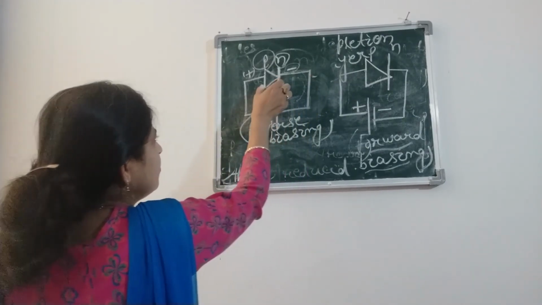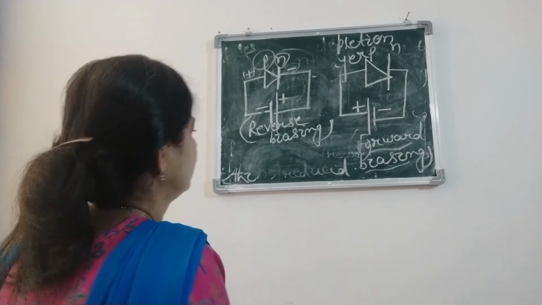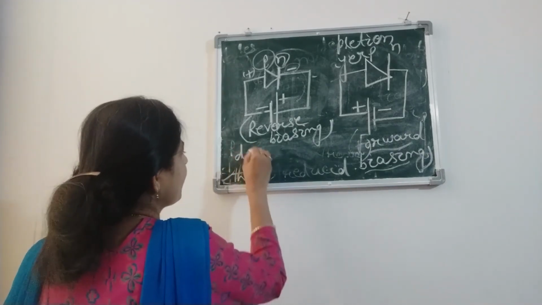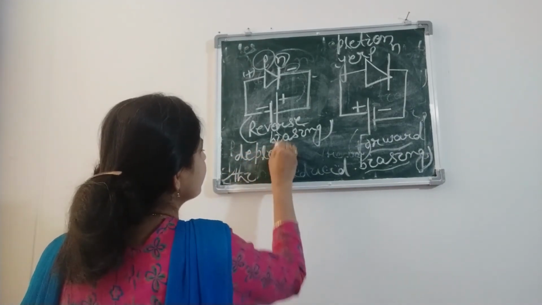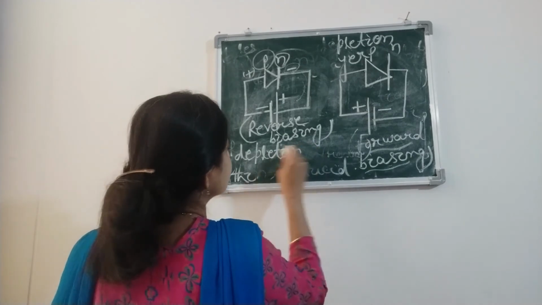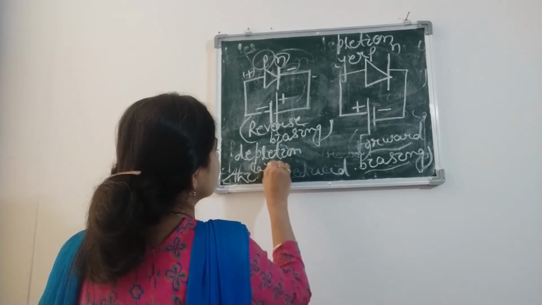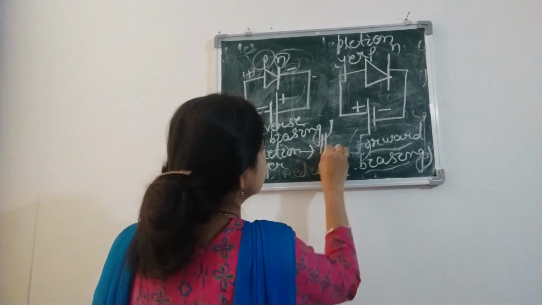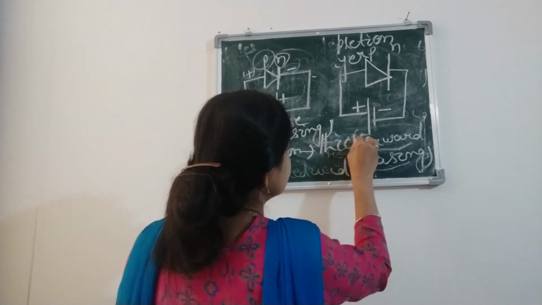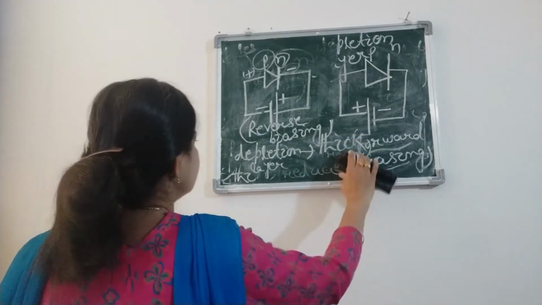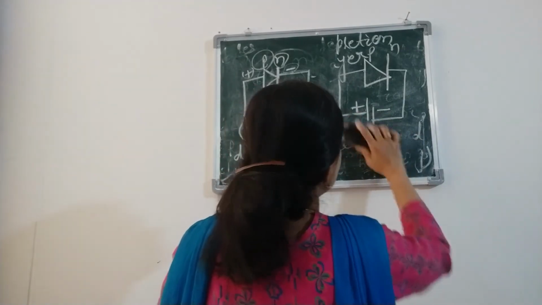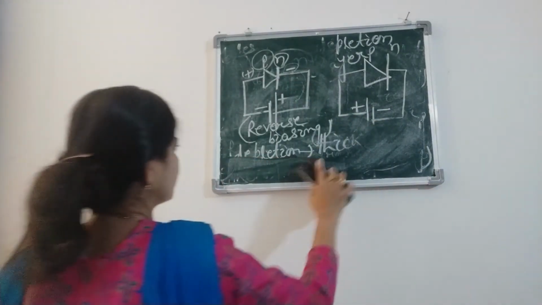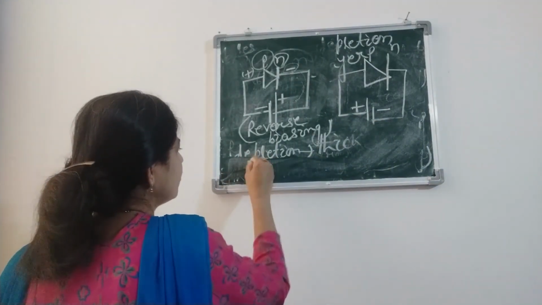So the depletion layer will be thick during reverse biasing. And what will happen to the potential barrier?